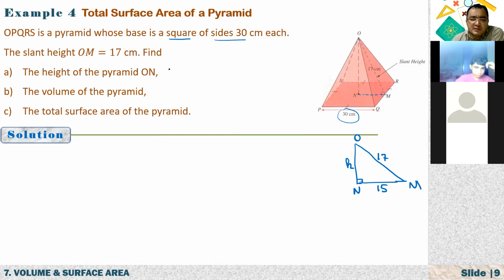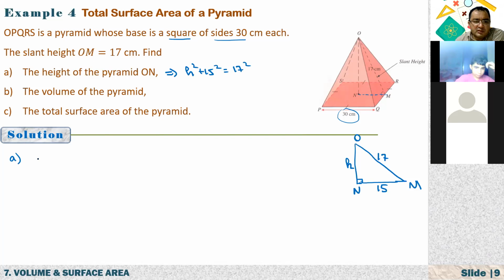So from here, let me just calculate. From the Pythagorean theorem, let me write this equation: h squared plus 15 squared is equal to 17 squared.